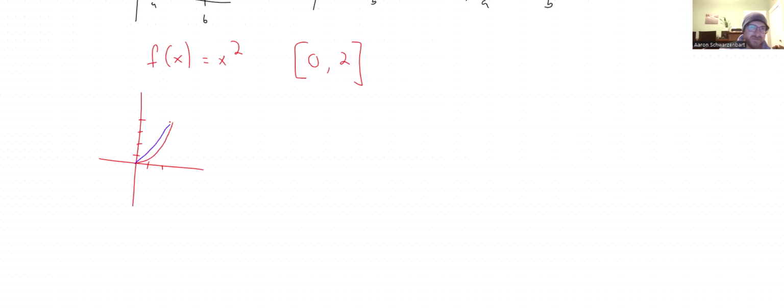So we'll go ahead and find, it's going to be somewhere in here, f prime of x equals 2x.